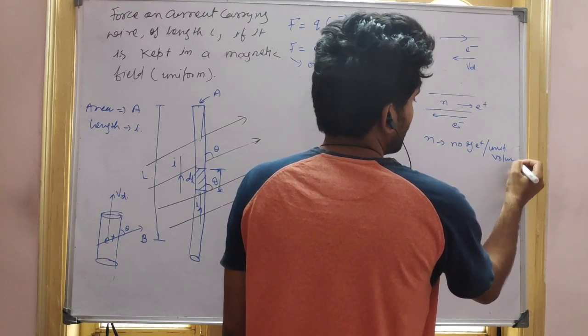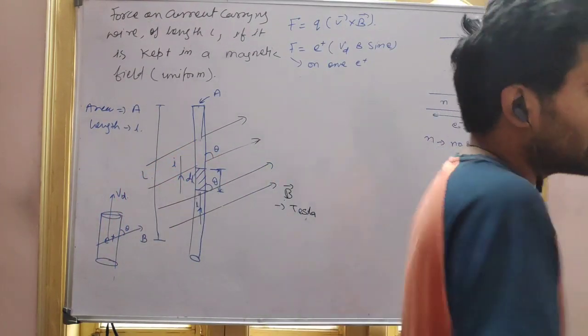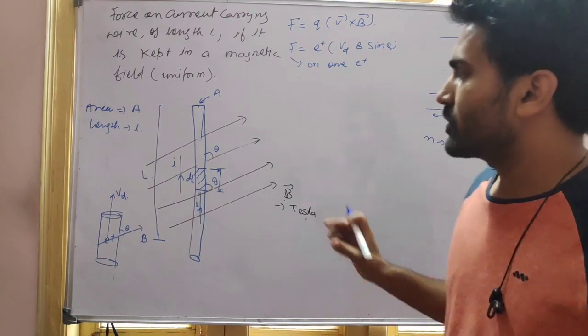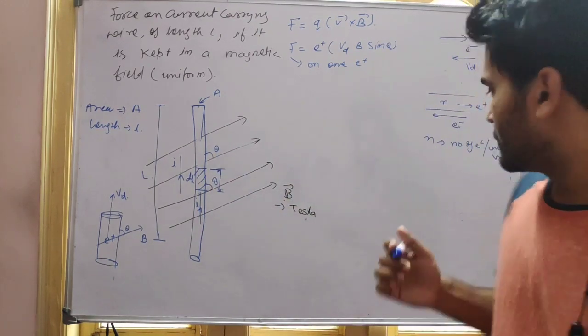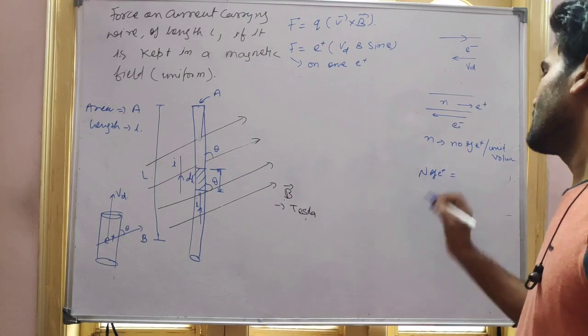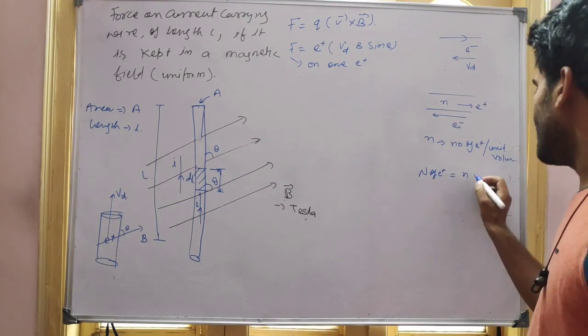If I ask you for the total number of positrons in this particular dl, it will be the number per unit volume into volume.